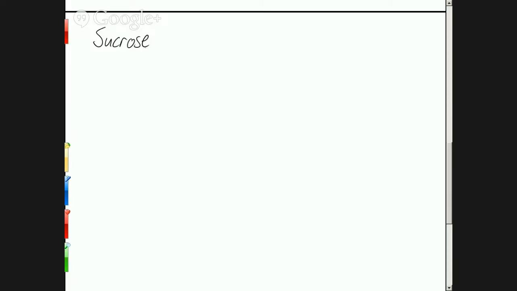What's sucrose? Anybody know that one? Not structure-wise, but have you heard of it? Where do we encounter it? Yeah, this is table sugar. This is that common white powder that you see. Most of the stuff is made with it.